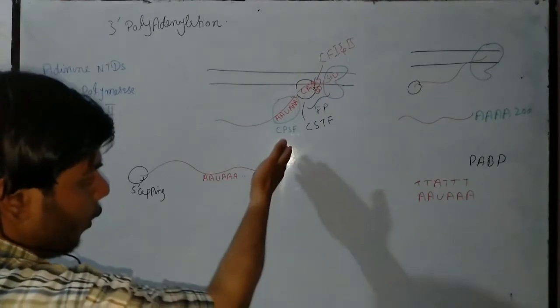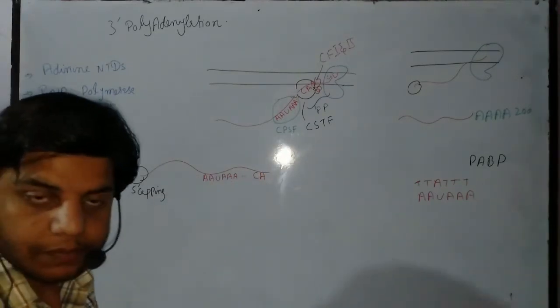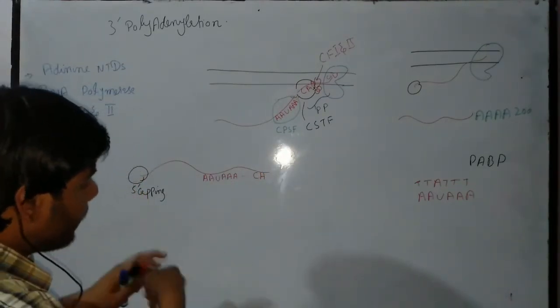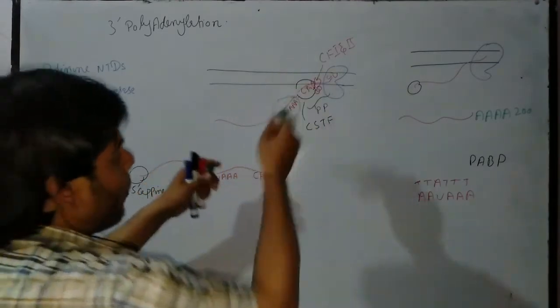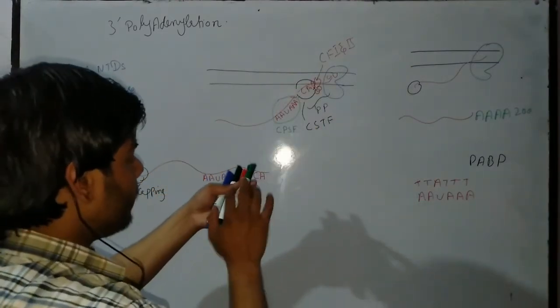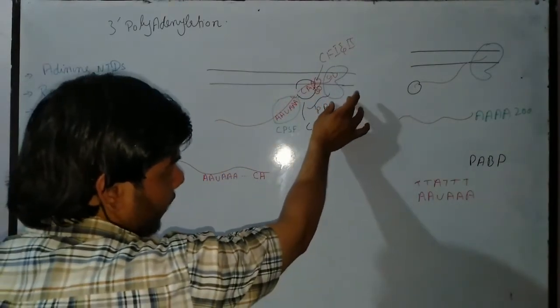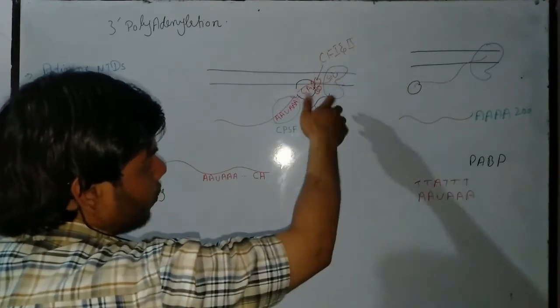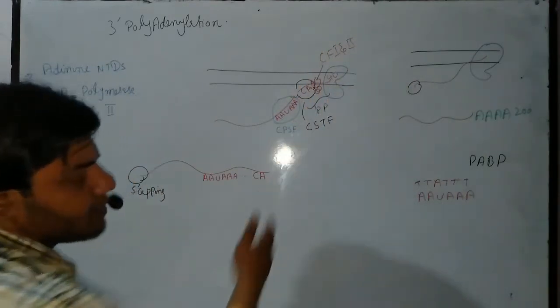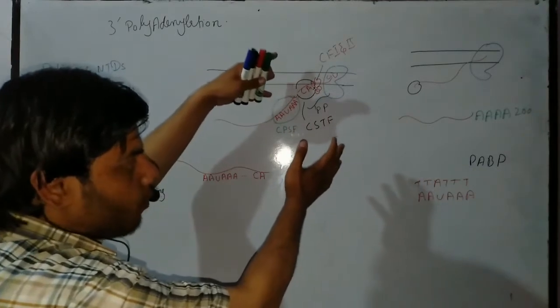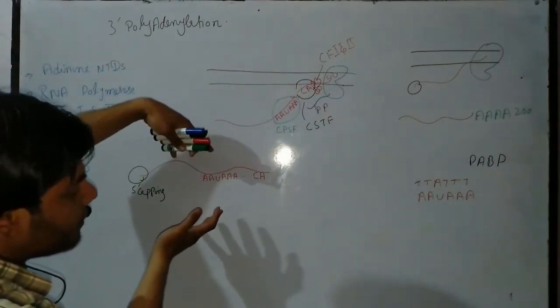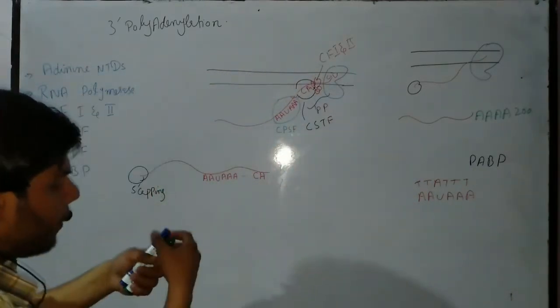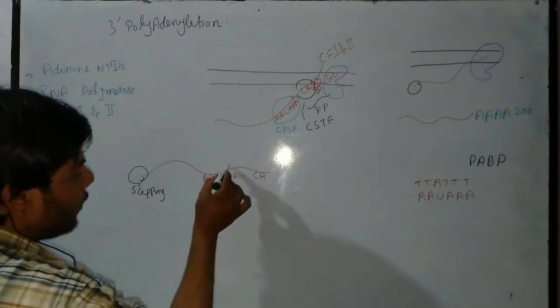Now it is cleaved, as you can see, and this is the complex. Remember, we have RNA polymerase, cleavage factor 1, 2, CSTF, CPSF. This is the complex formed, and after that we get the RNA in this form, and again the same proteins are also bound with it, as you can see.